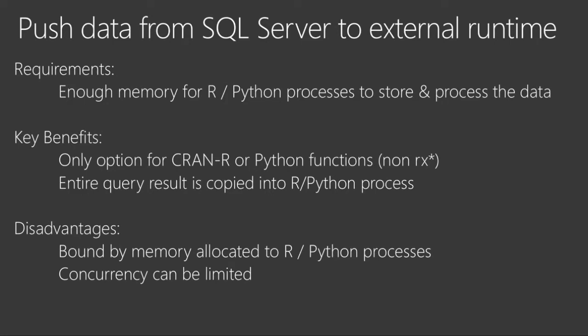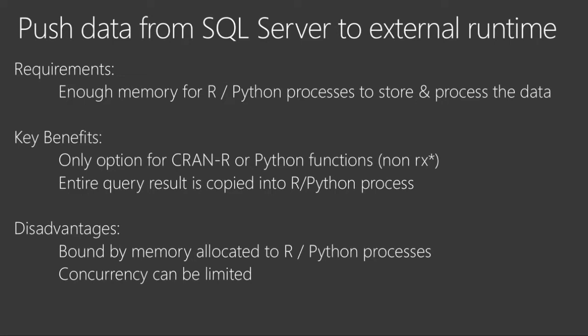So for example, if you take a data set which requires, say, a gig of memory to store and process, and you want to run a model for 100 connections coming to the server at the same time, that means you would require 100 times the memory, so 100 gig in this case. So that's one of the disadvantages: your concurrency will be limited depending on how many resources you have on that machine.